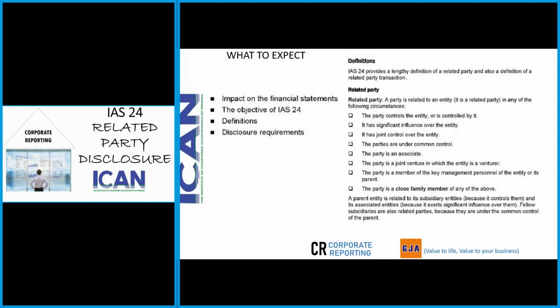We are going to discuss the objective of this particular International Accounting Standard 24. Why do we have IAS 24? What impact is related party disclosure and transaction making on our financial statements?